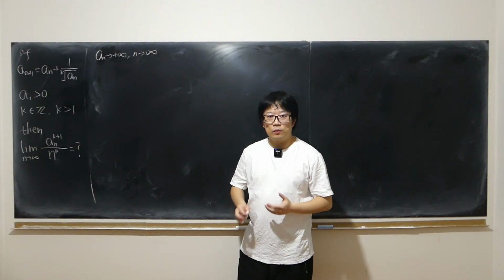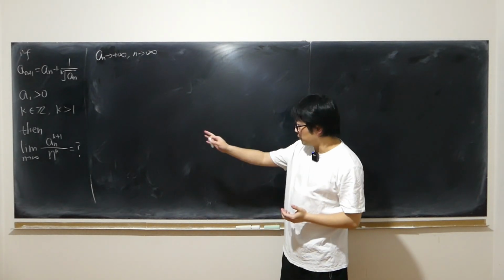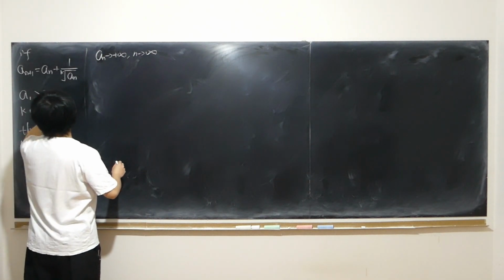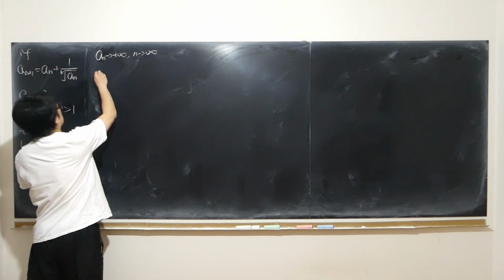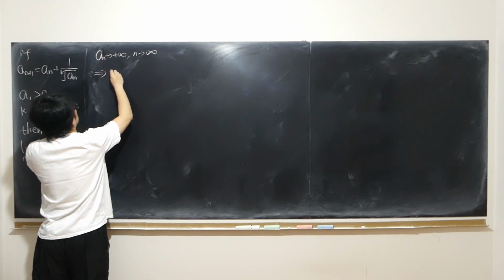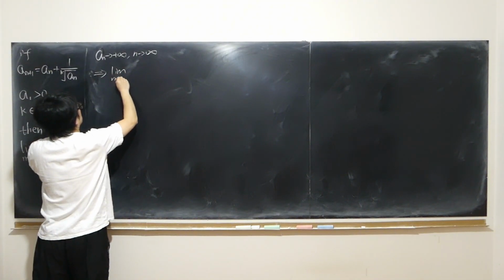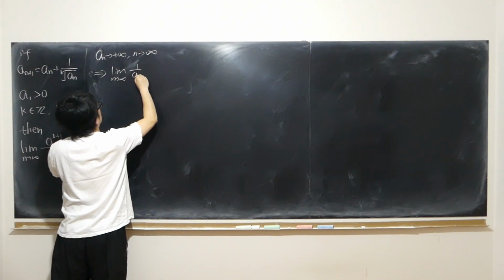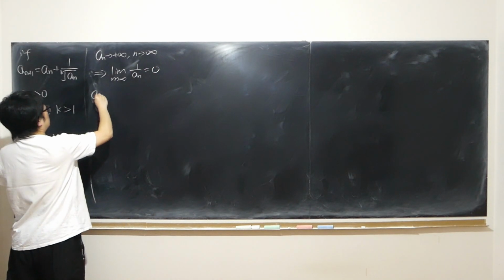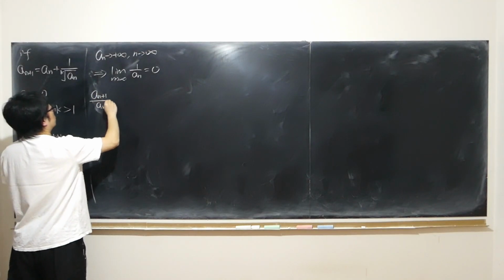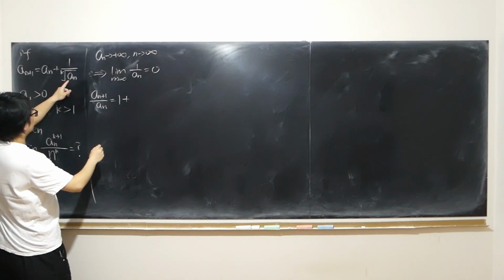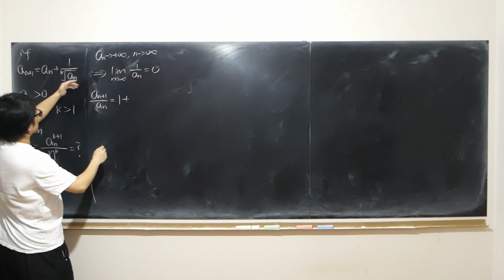But the question is, at what speed? Because we have determined that limit. And here I just use this given condition, dividing by a_n on both sides. Because first of all, I can deduce that the limit of 1 over a_n is 0. Okay? So from here, I just divide: a_{n+1} over a_n is equal to 1 plus a_n to the power of 1 over k, divided by a_n at the bottom again.